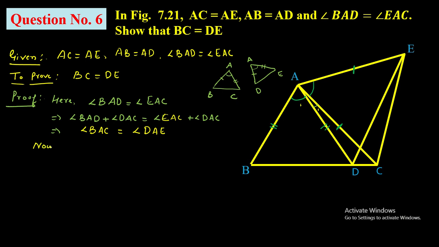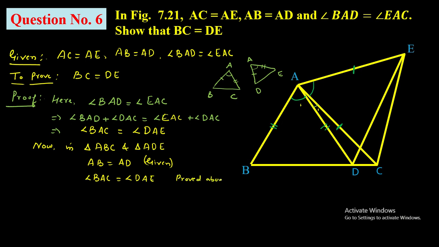Now we will take these two triangles. Now in triangle ABC and triangle ADE, it's given that AB is equal to AD. Also, we proved that angle BAC is equal to angle DAE, and it's also given that AC is equal to AE.